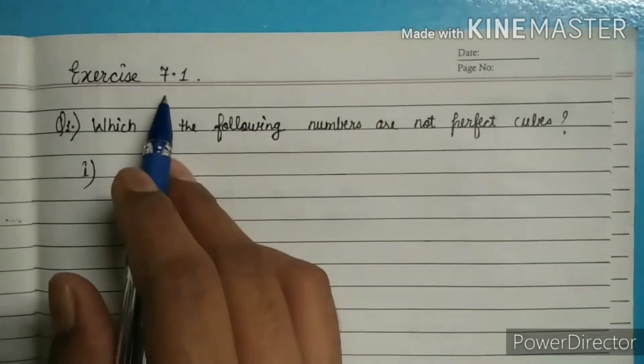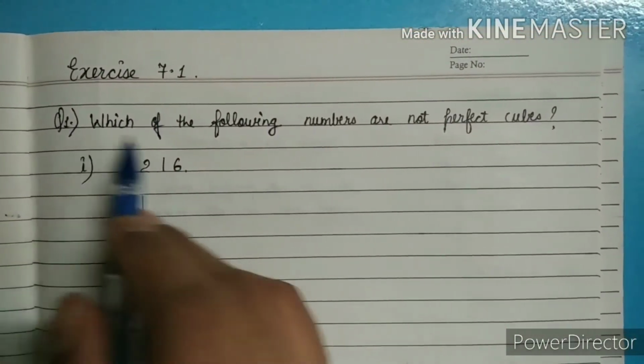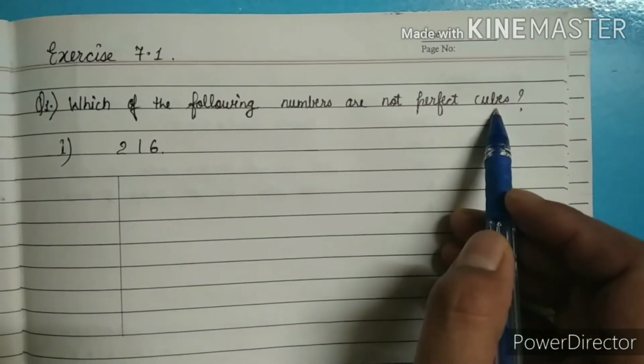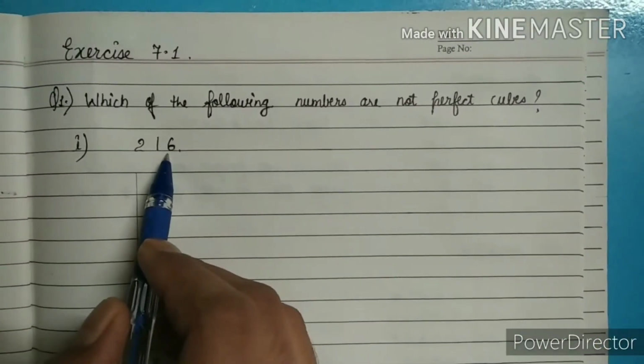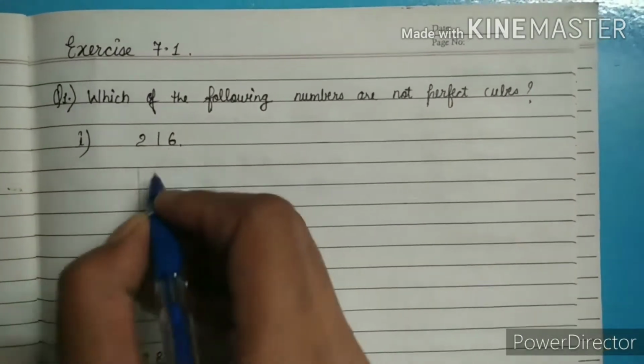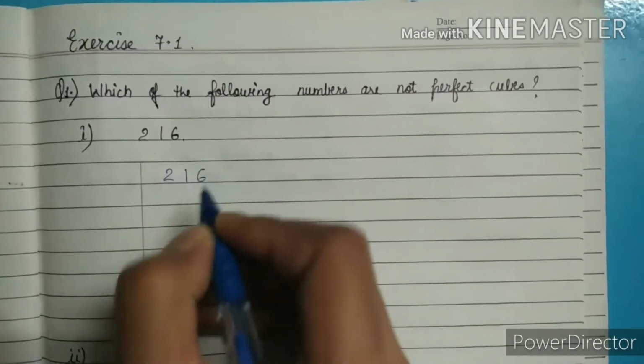Exercise 7.1, its first question is: which of the following numbers are not perfect cubes? First is 216. For checking whether it is a perfect cube or not, firstly we have to take its prime factors.